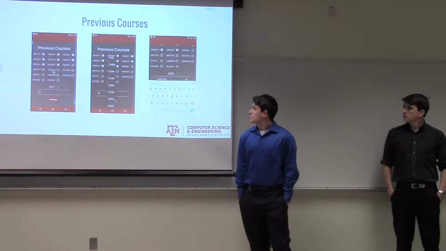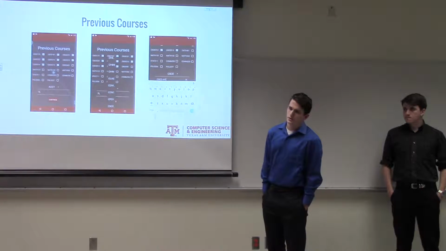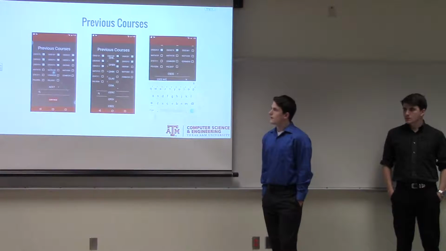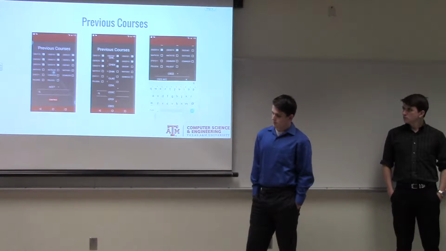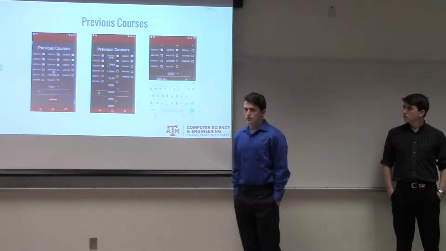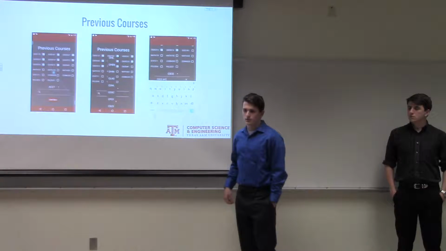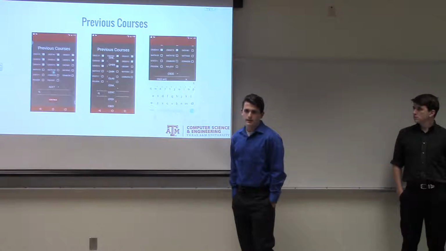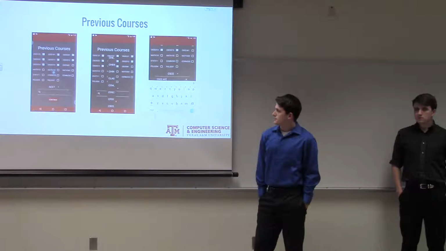And so then the next page is the previous courses, which, based on their user input of the major, loads up a list of the guaranteed courses in the degree plan. There are certain credits that can be filled by different courses, like international cultural diversity, humanities, but the ones that are absolutely required were listed here for the sake of convenience.